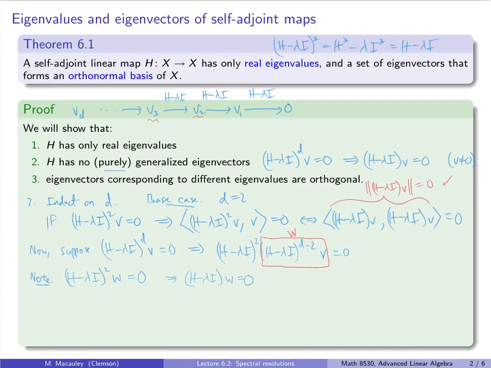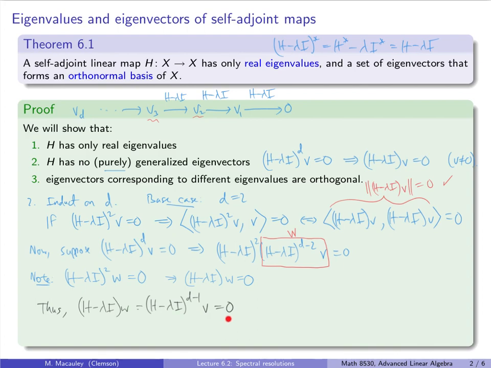So in other words, we can replace this (h minus lambda I) squared with an (h minus lambda I), and that means that (h minus lambda I) times w equals (h minus lambda I) to the d minus 1 times v equals 0, because again we replaced this squared with just the first.